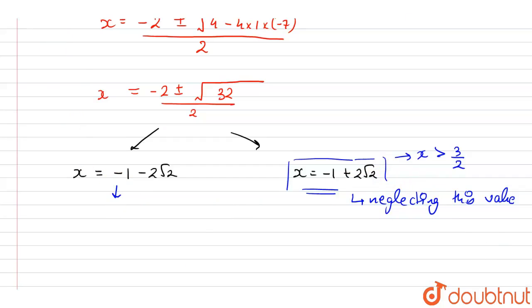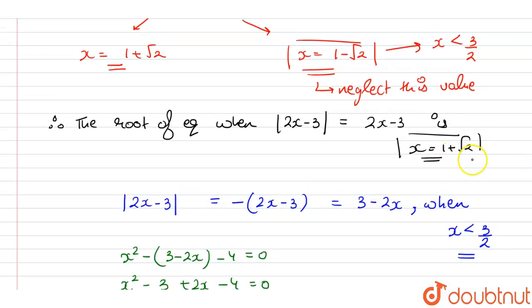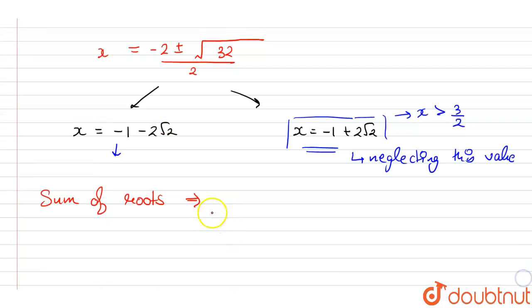Okay, so we have now got two roots of the equation. The sum of roots will be equal to one of the roots which we found earlier, 1 plus root 2, plus the other root, minus 1 minus 2 root 2.